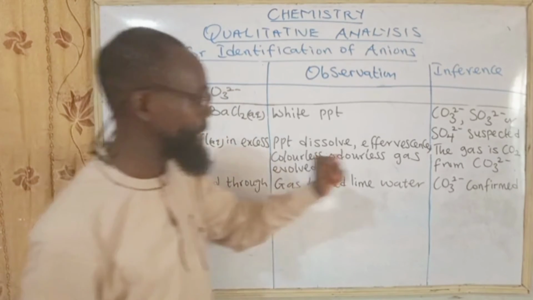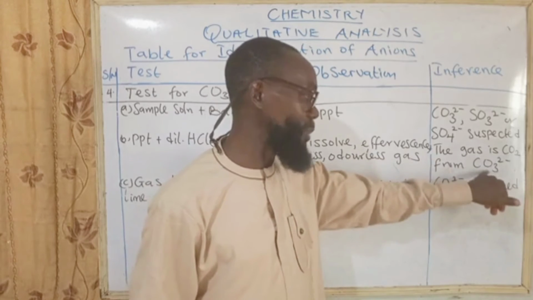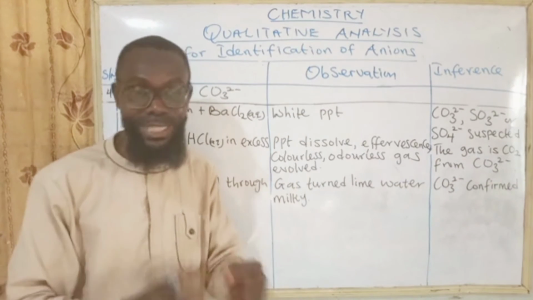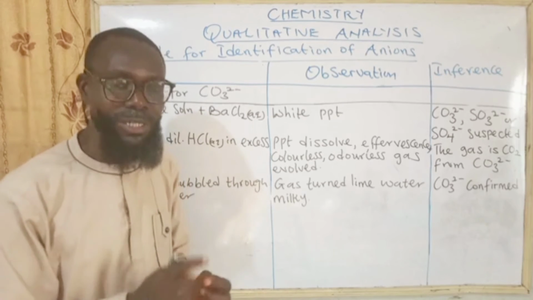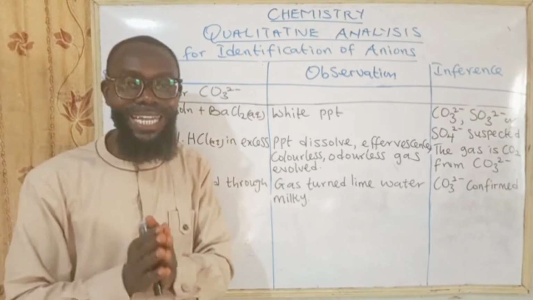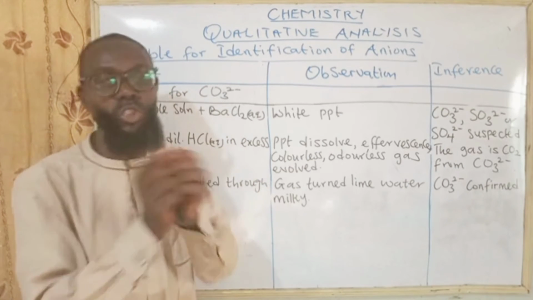If the gas is, in this inference, carbon IV oxide from CO3 2 minus, it means that the litmus paper you put at the mouth of the test tube will turn blue litmus paper to red, because the gas is an acidic gas. So you should turn that blue litmus paper to what? To red.